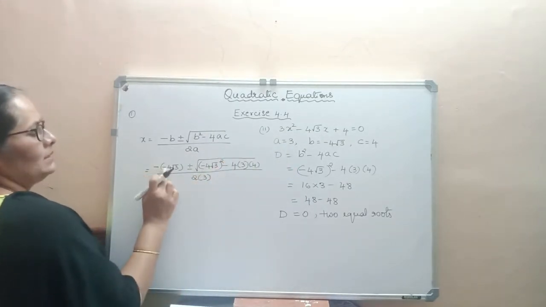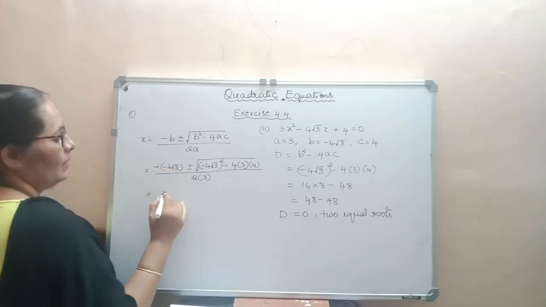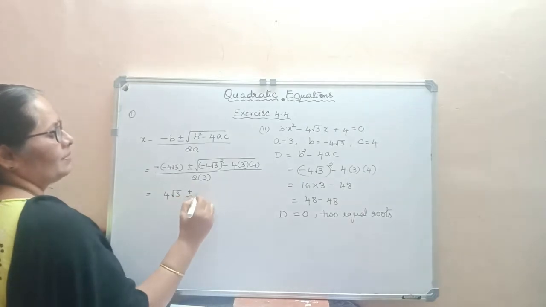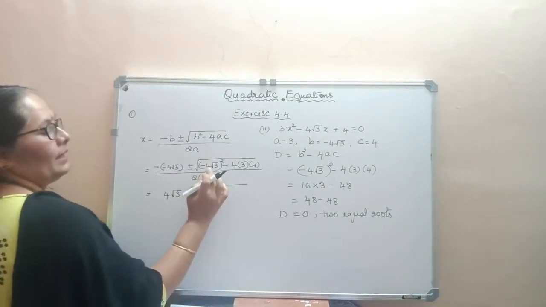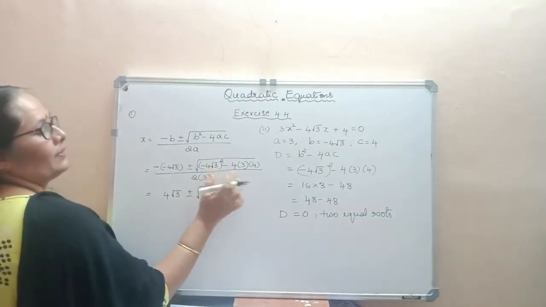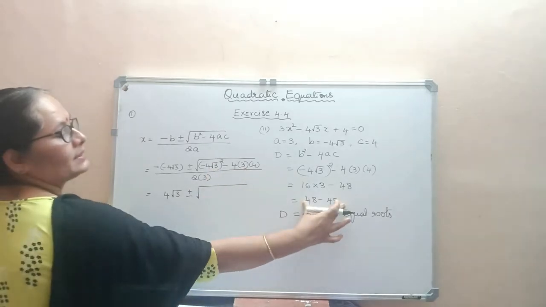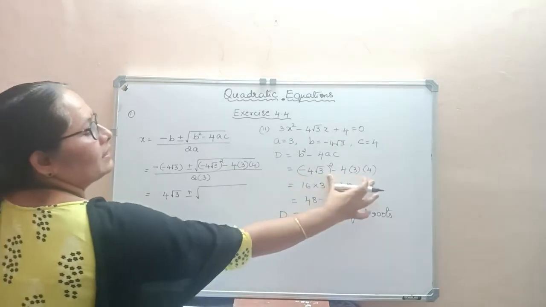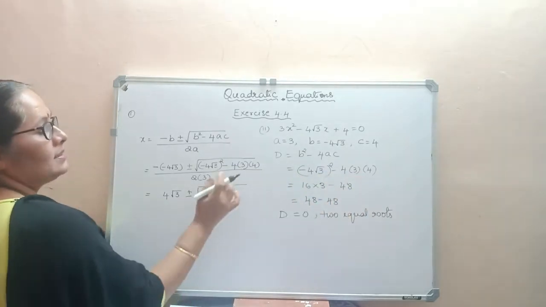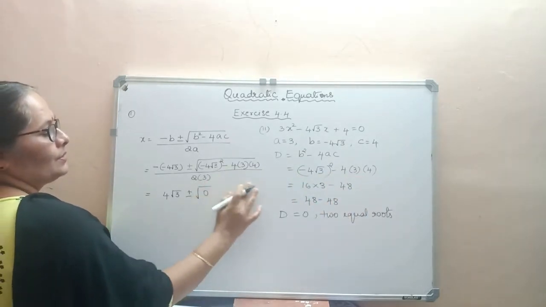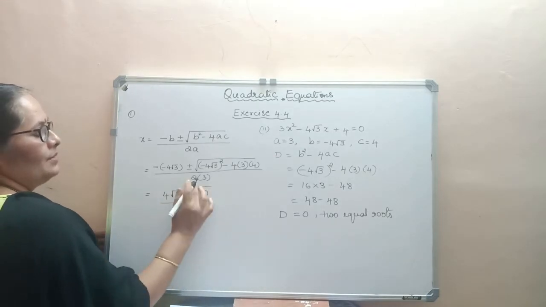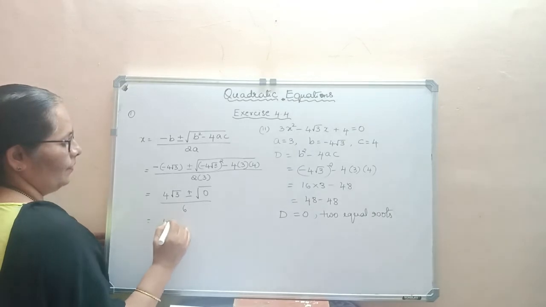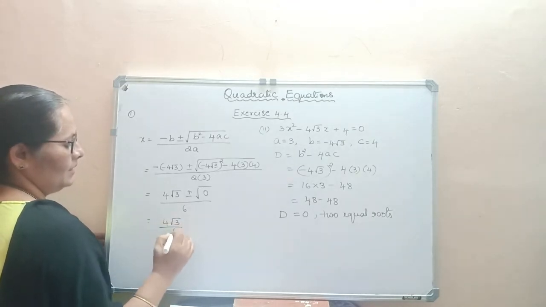Now minus of minus 4 root 3 is plus 4 root 3, plus or minus the root of b square minus 4ac. Already we got the result here. What is that? 0. Divided by 2 times 3 is 6. So we get 4 root 3 by 6.